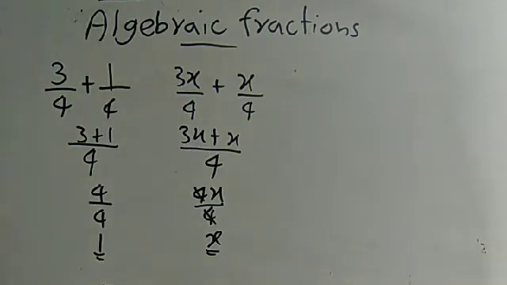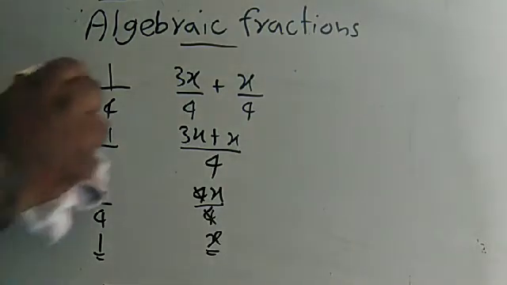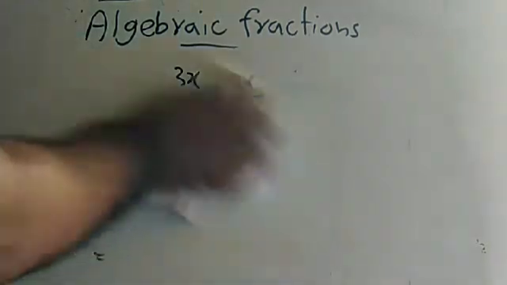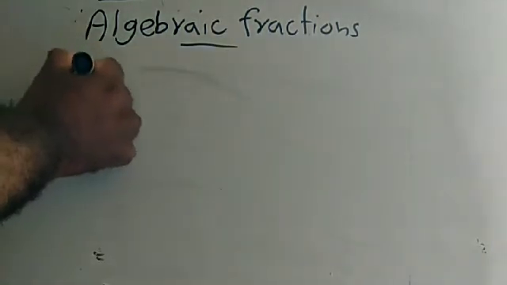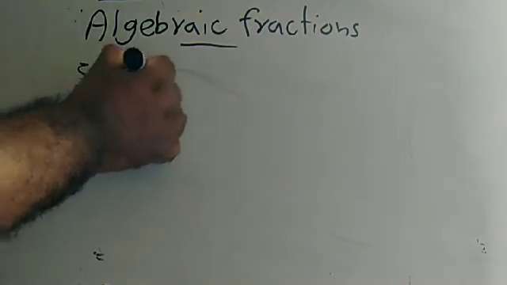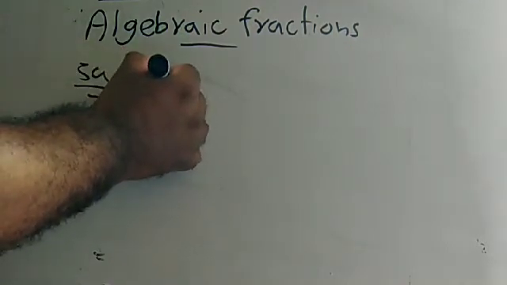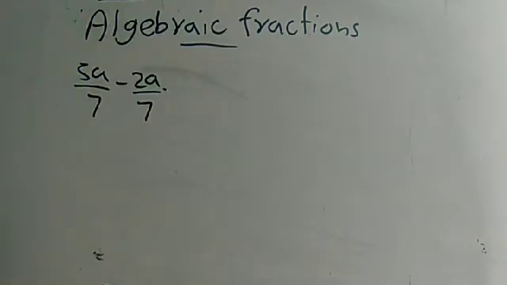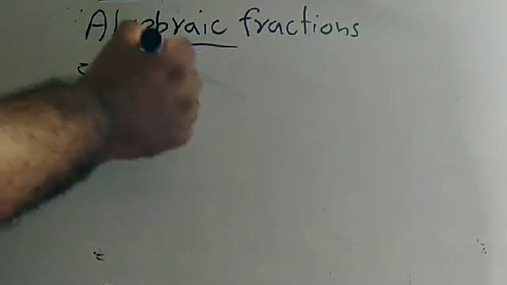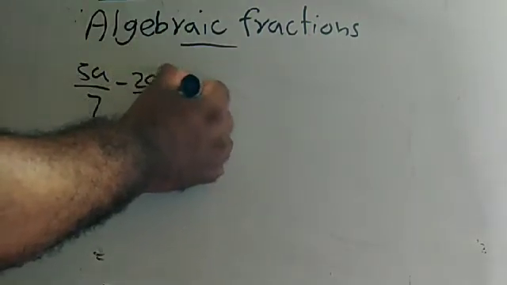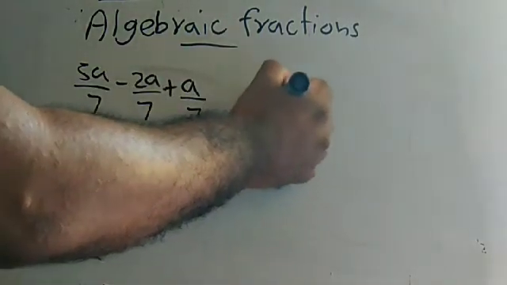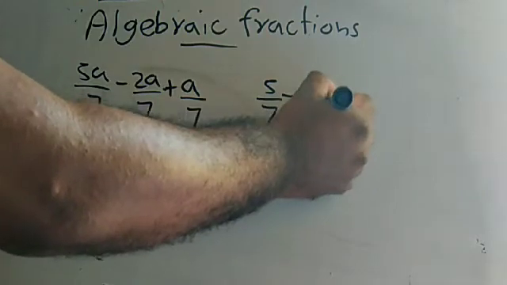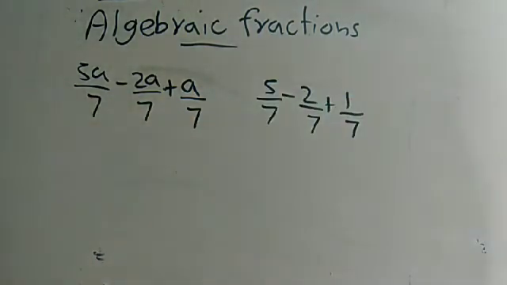Right. Another one. Sometimes 5a upon 7 minus 2a upon 7 plus a upon 7. This looks like 5 upon 7 minus 2 upon 7 plus 1 upon 7. Look at this.